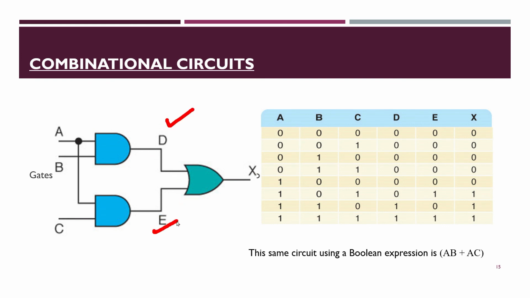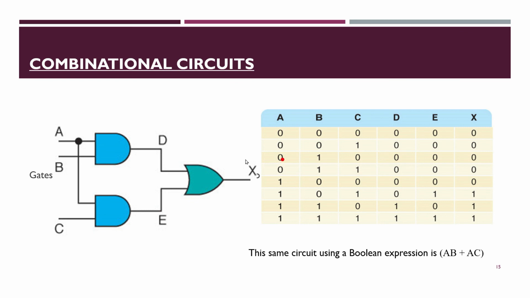So here you can find the value. X is equal to A dot B plus A dot C. So 0 into 0 is 0, plus A dot C, 0 into 0 is 0. So 0 plus 0 is going to be 0.